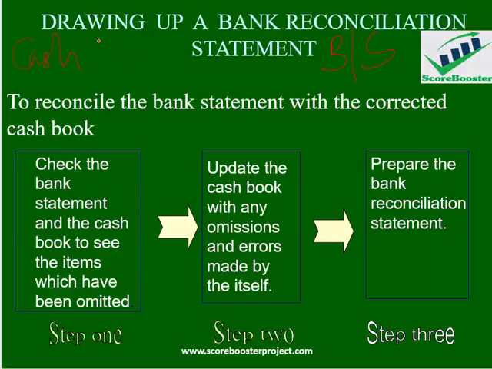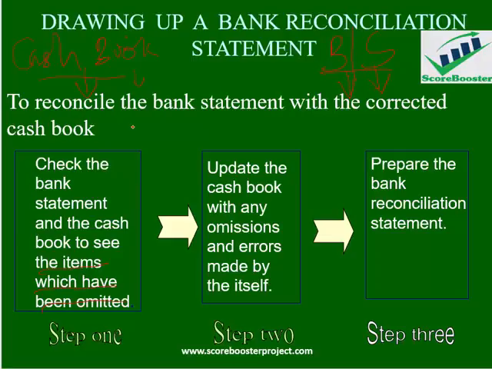You compare these 2 together and try to see the items which are omitted from both sides. Which one is here that is not here? Which one is here that is not here?